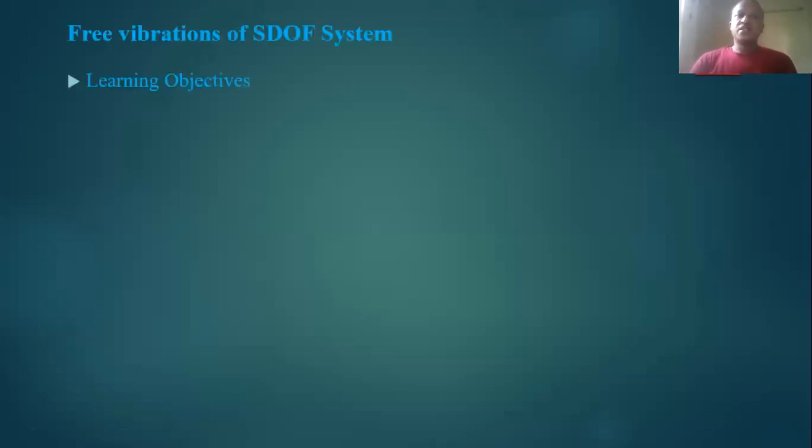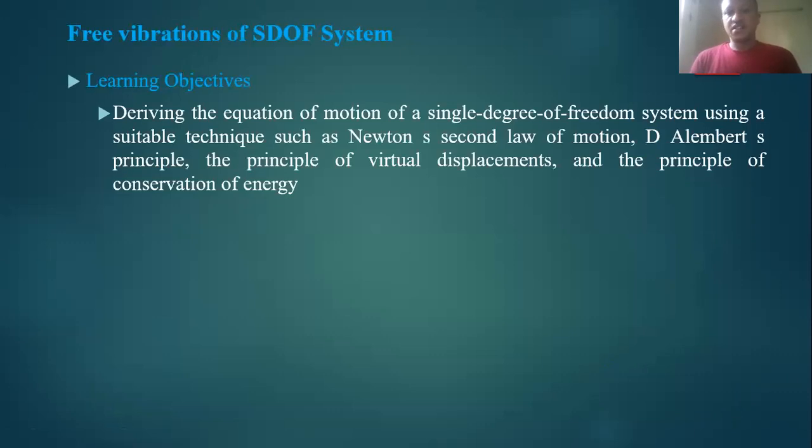Okay, so the learning objective of this type of analysis is, from the very beginning, deriving the equation of motion of the single degree of freedom system using suitable techniques. We have a number of techniques to derive the equation of motion. We can apply Newton's law.